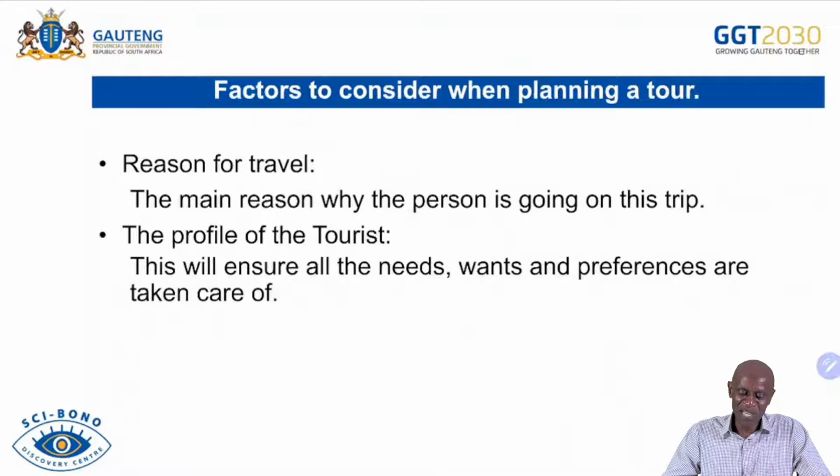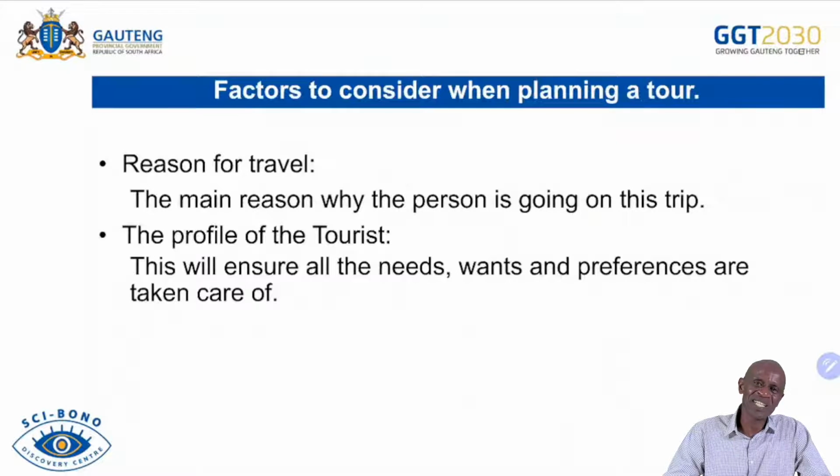You don't just wake up and say, I want to visit my relative in Durban. If you are a VFR tourist, visiting friends and relatives, you must have a particular reason. I haven't seen my parents for so long.